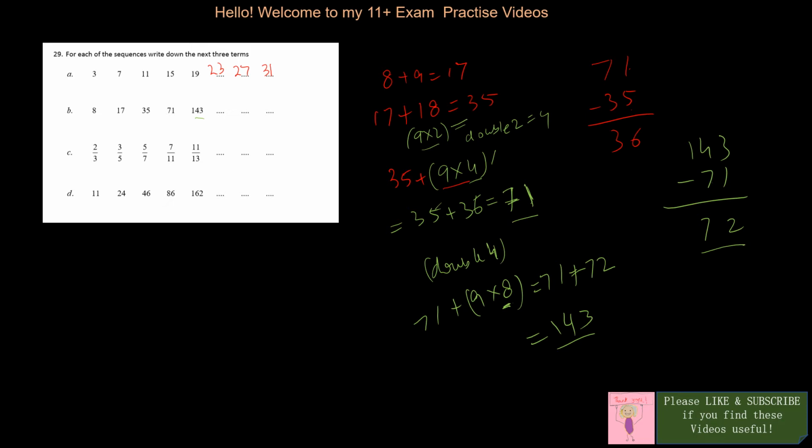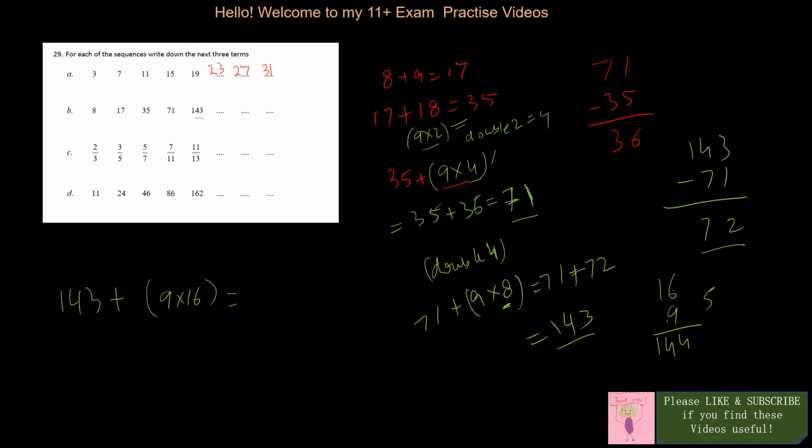So it will be 9 times 16, and it will be 143 plus 9 times 16, and that will give you, 9 times 16 is 144.